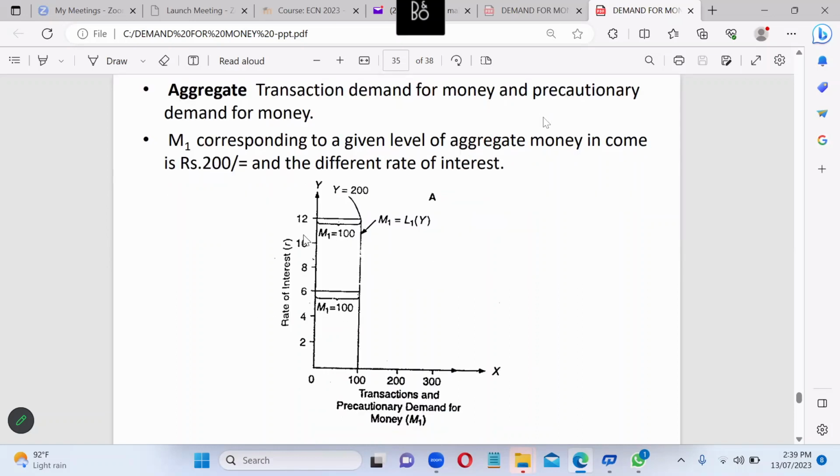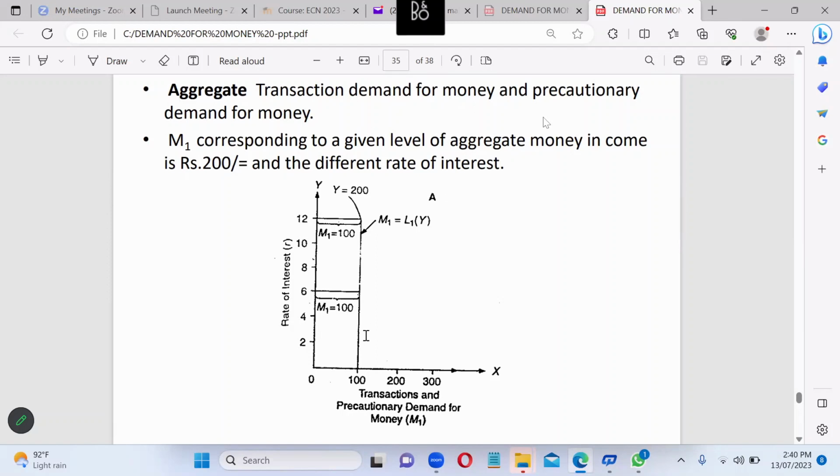Here the x-axis is demand for money and the y-axis is the interest rate. Corresponding to the given level of aggregate money income of 200 rupees, and a given interest rate of 6%, how much are you holding at your hand?